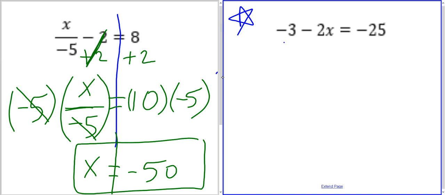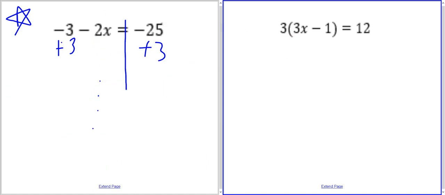So you got to move the negative 3 over first by adding it. So this would be your first step. And then I'll let you finish that one up. So pause the video if you need to and finish it.